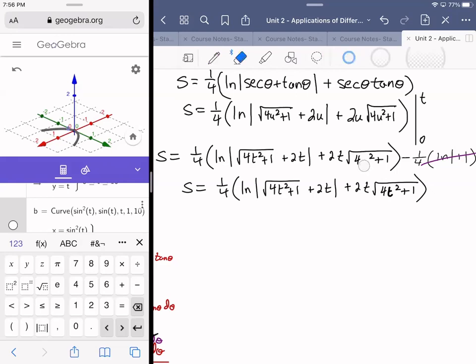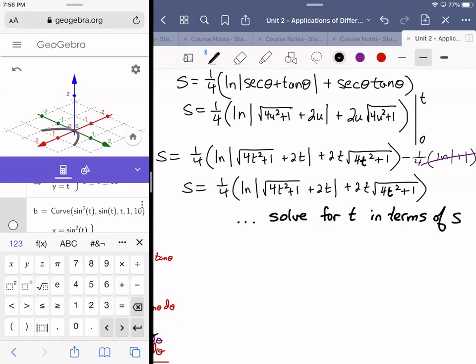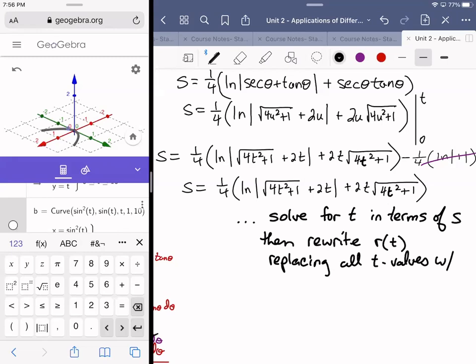You'd have to solve this for t in terms of s. Then rewrite r of t, replacing all t's with the above expression.